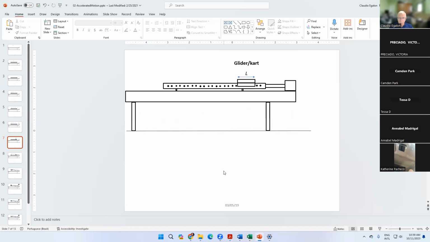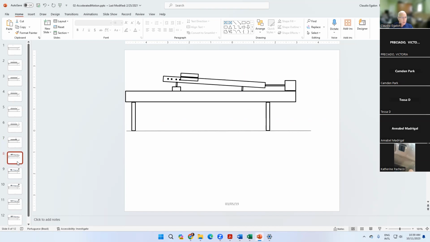Going back here. Oh, I don't need that anymore. Can erase this guy, right? Okay. So what are we going to do with this thing? We're going to put a shim at the other end of the track.